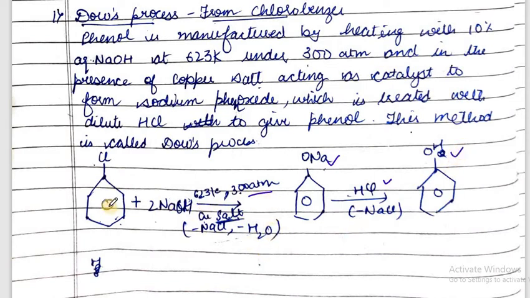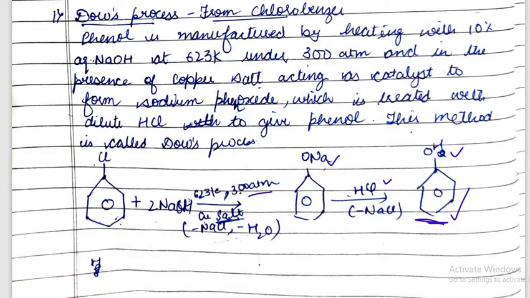So when chlorobenzene is treated with sodium hydroxide at high temperature and high pressure with copper salt, that process is called the Dow process, and it is used for preparation at the industrial level.